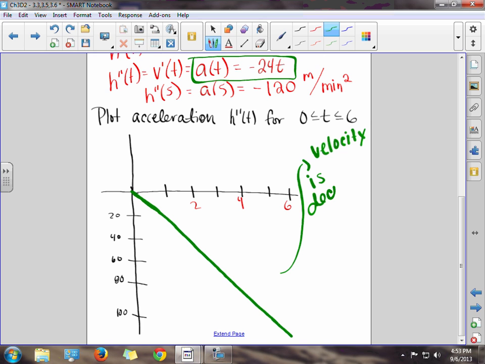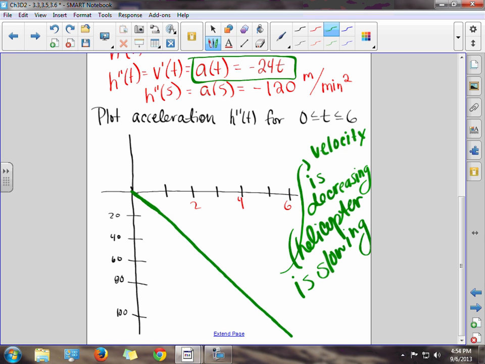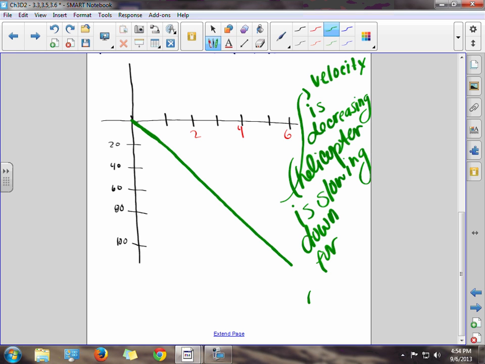So we're actually slowing down when t is between 0 and 6 minutes, because my acceleration is negative. If you have negative acceleration, then you are slowing down.